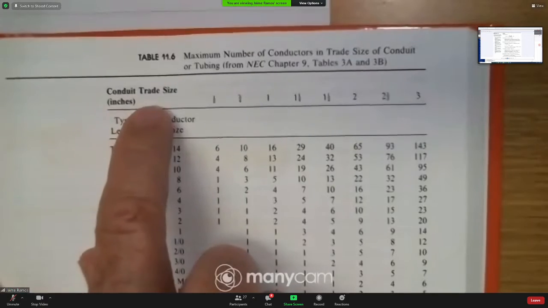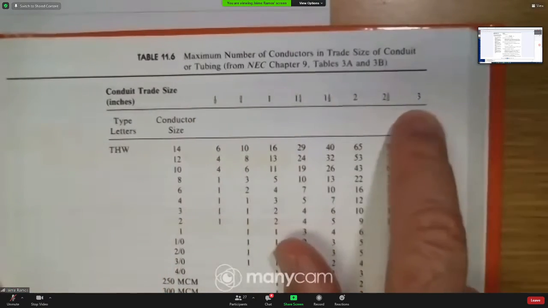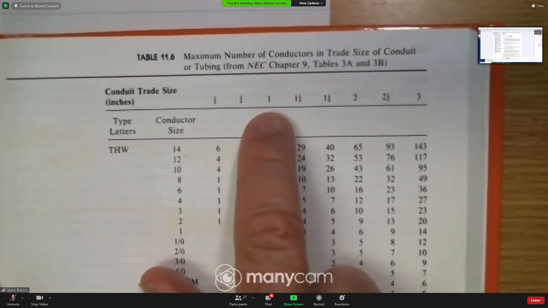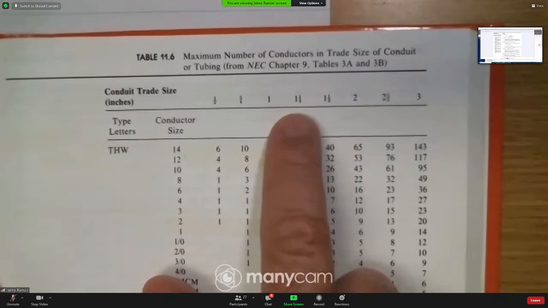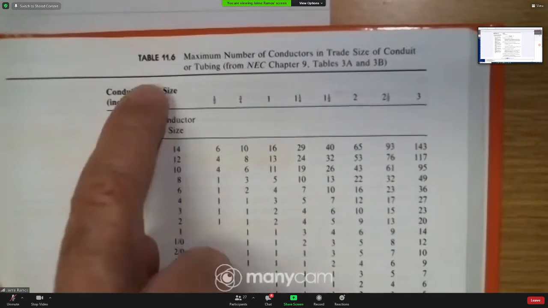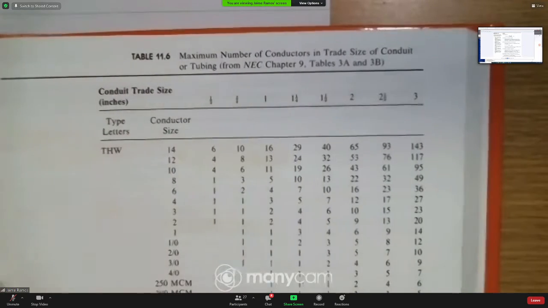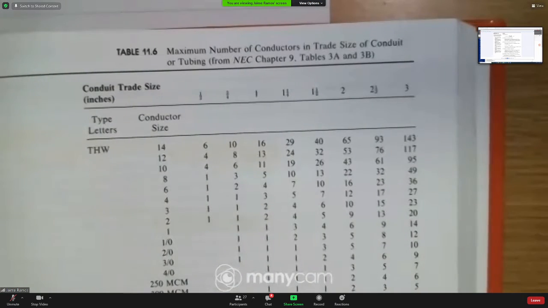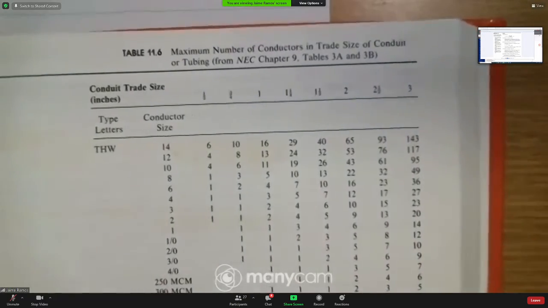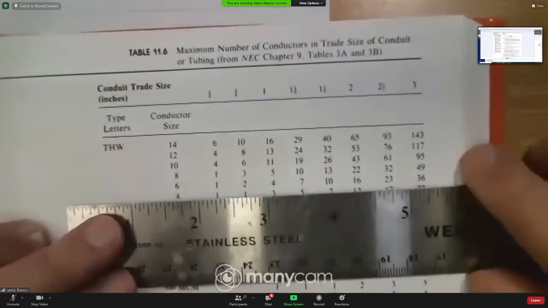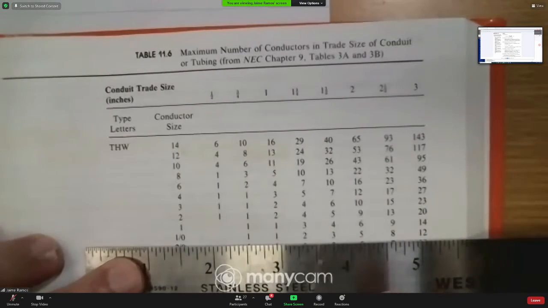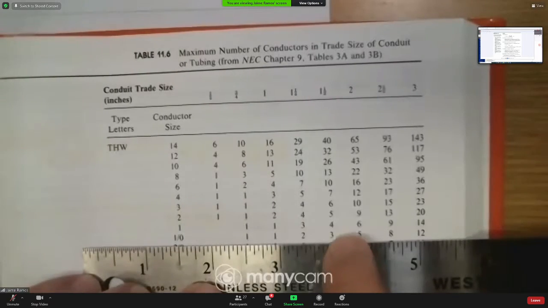So we have different sizes of conduit, in inches, the diameter: 1/2, 3/4, 1 inch, 1 1/4, 1 1/2, 2 inches. Then the conductor size, and the table will tell you how many conductors you can use. So we are in 1/0, and we need to put 3 conductors.